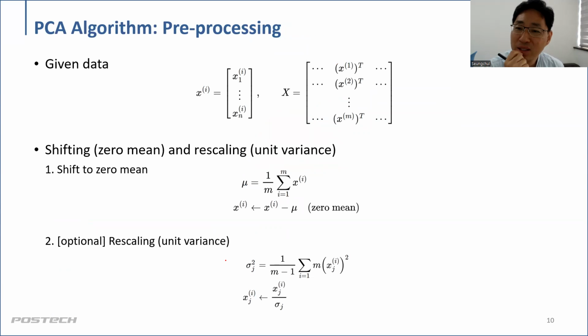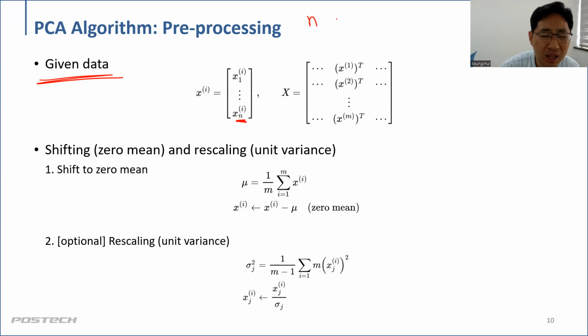Now let's formalize that. Suppose we have a given data set like that. With this notation we have n dimensions. Then we have m data points.